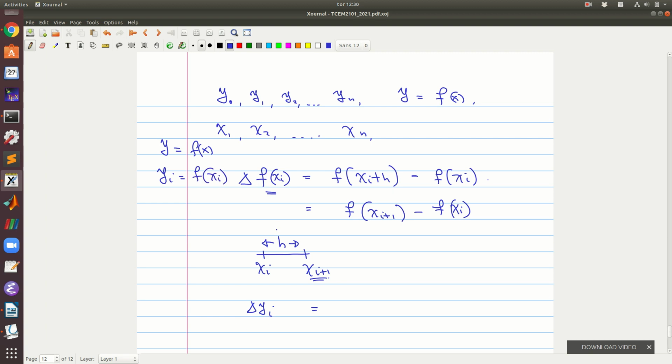So we can write this as yi plus 1 minus yi. We can also use this notation here, and these are exactly the same.